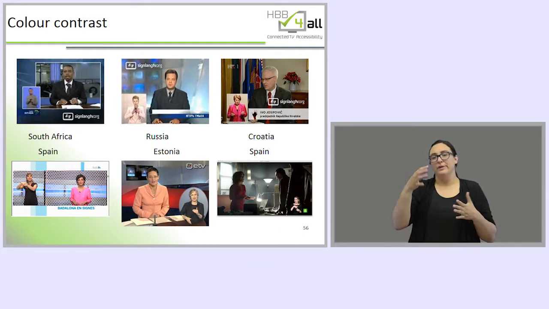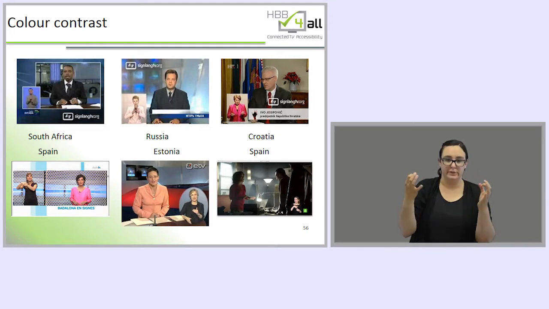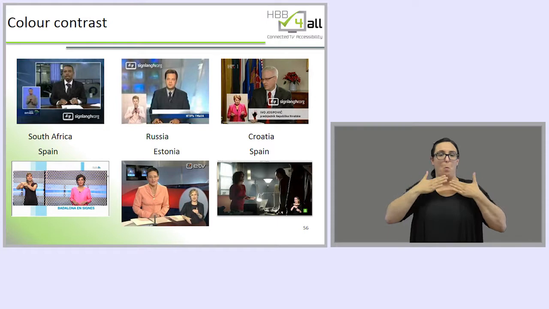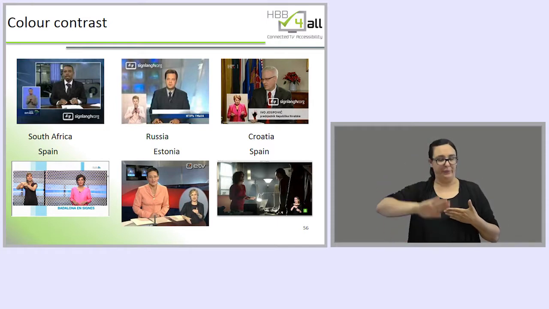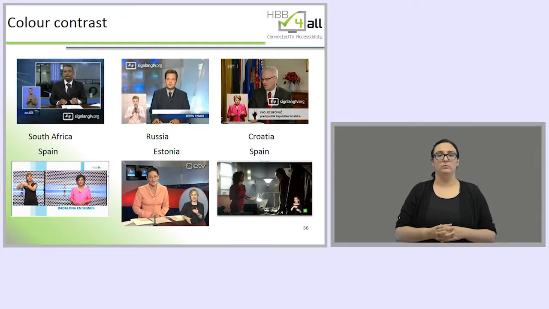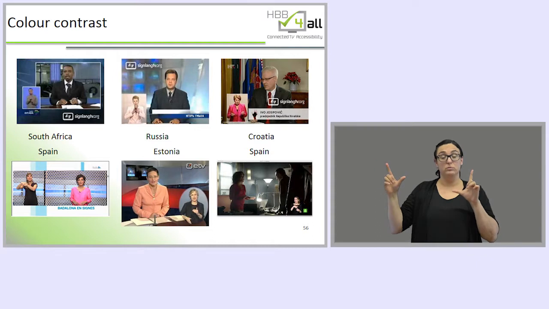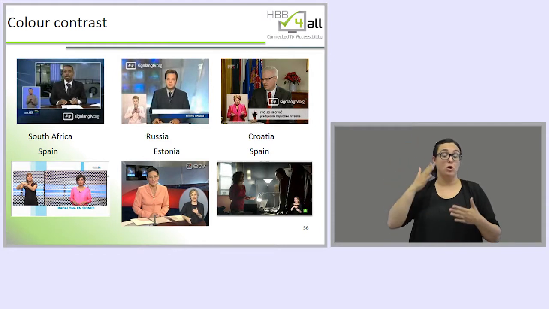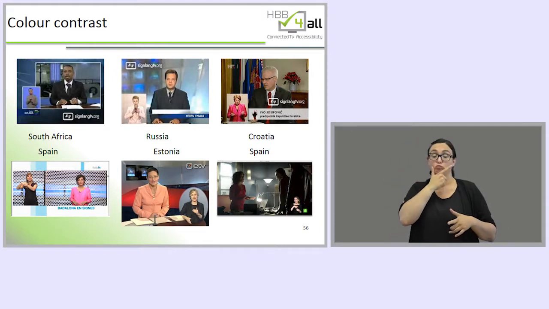So we could say that a best practice would be to have not a patterned background or patterned clothes, but rather plain monochromatic colors. For example, in the Estonia screenshot, we can see a good color contrast between background, skin color, and clothes.